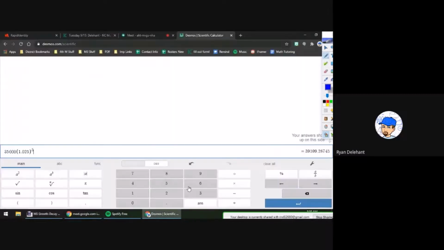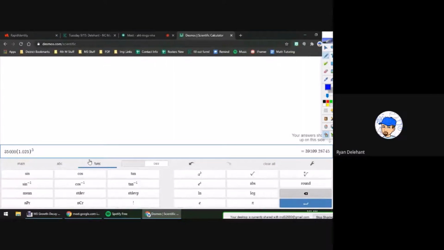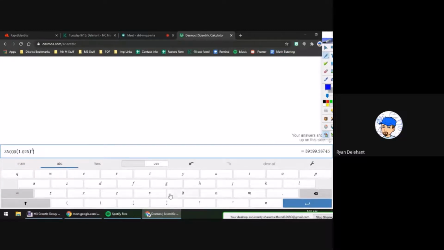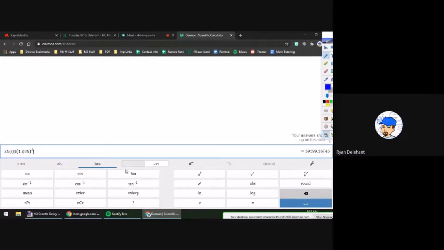But when you look at it, let me see if I can find it on Desmos. Because I've never found it on Desmos, so I've got to look. There it is. It's right here.